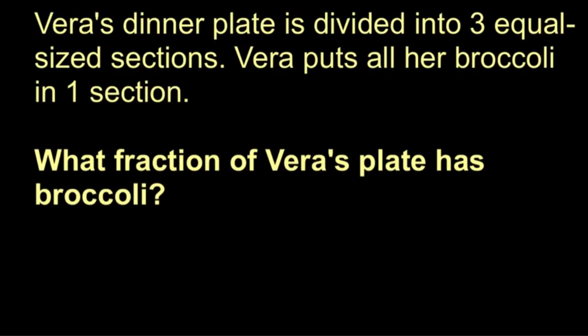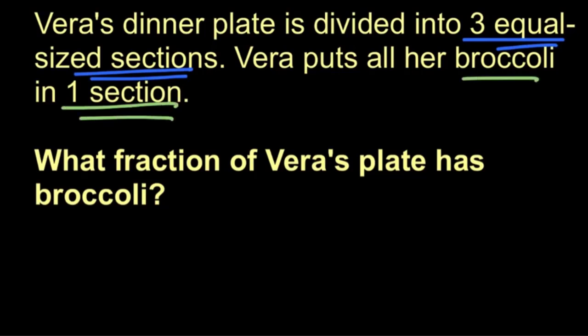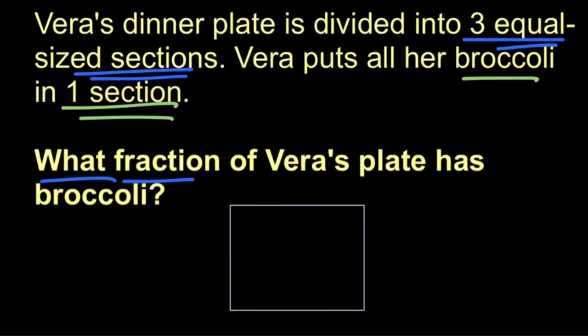Okay, so we have a plate with 3 equal size sections, and we know that Vera puts broccoli in one section, and we're asked to figure out what fraction of the plate that is. So we can draw Vera's plate, try to represent this with a picture. Maybe Vera's plate is a rectangle, we don't really know, but a rectangle will work as long as it has 3 equal size sections. So let's try to draw that.